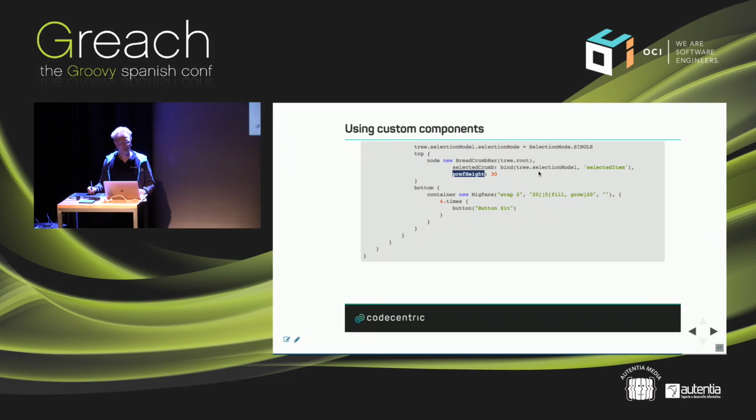Or if it's a container, you do the same, but you use the keyword container instead of node. With that, you can use, for example, the breadcrumb bar from ControlsFX, or the MigPane, which is one of the best layout managers I found out there, from MigLayout.